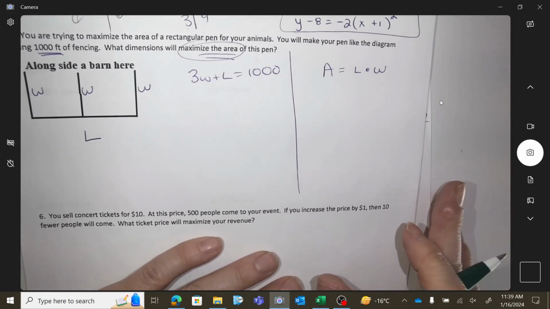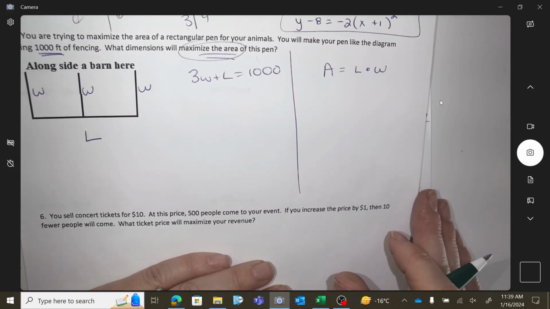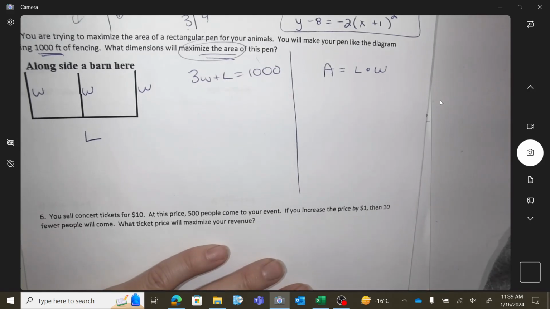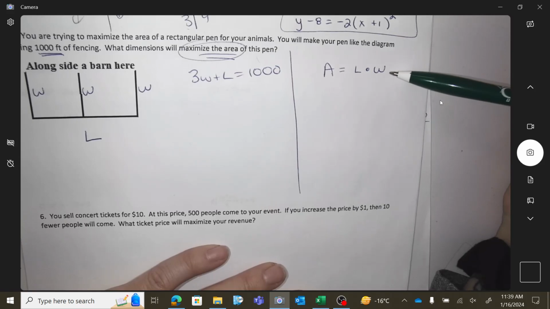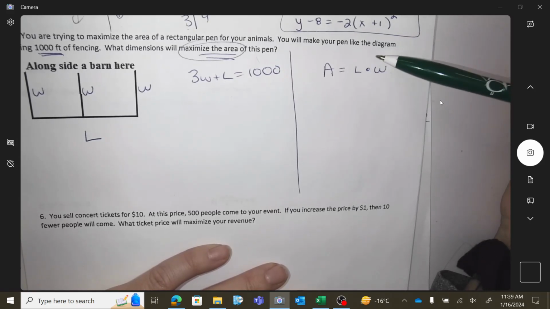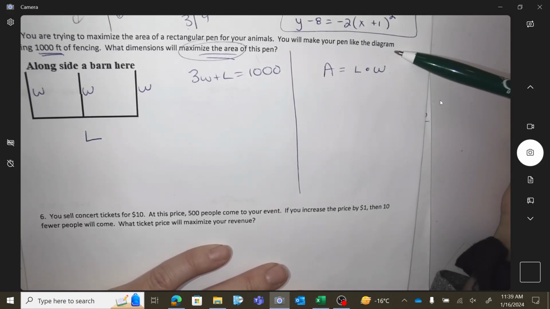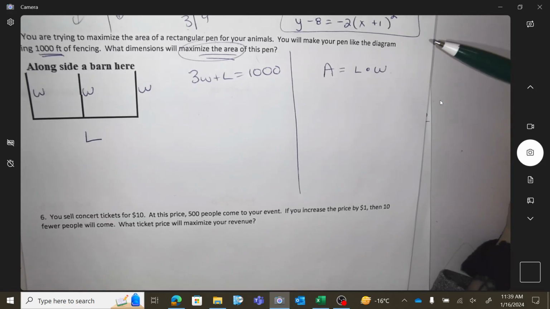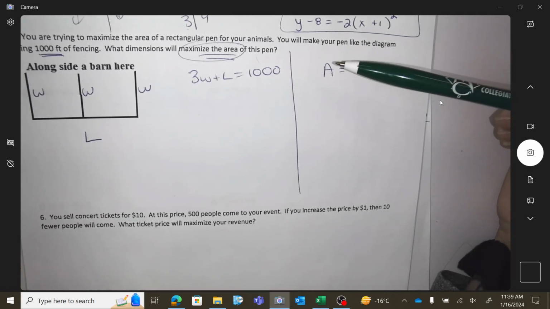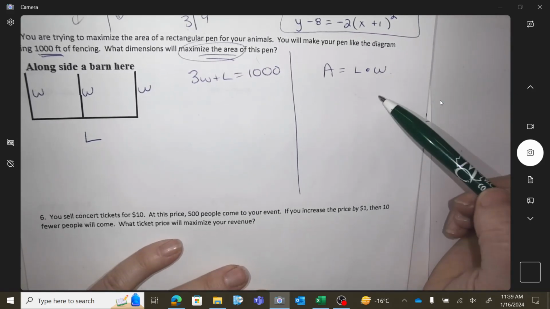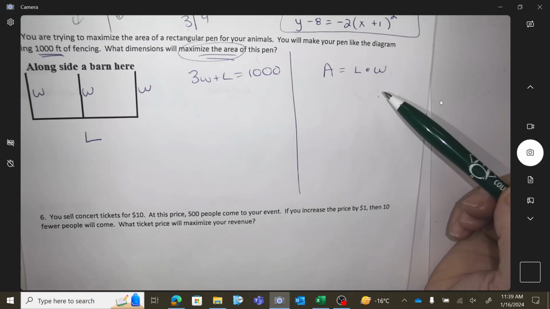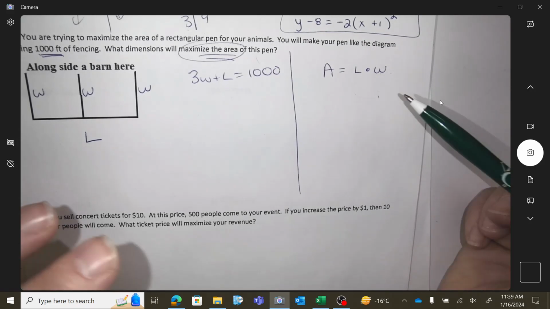So what's the area of a rectangle? So what do we do with this scenario? What was the strategy? I didn't like this because there's 3 letters involved, and you can't really do much math when you have 3 letters. Okay, so what's the goal? Substitute for something so that you end up with only 2 letters.